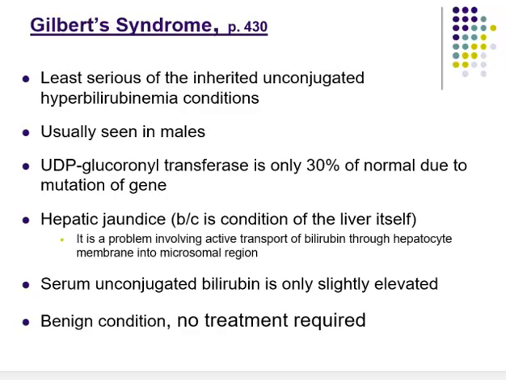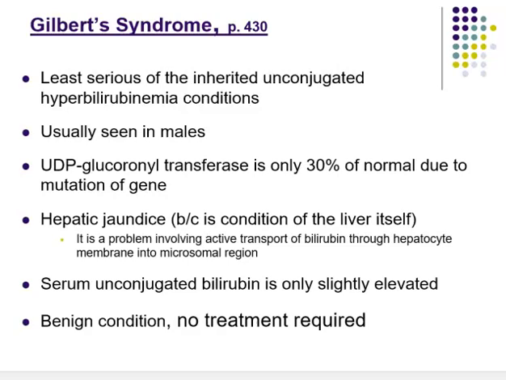This is the least serious of the inherited unconjugated hyperbilirubinemia conditions. It is usually seen in males. The UDP glucuronyl transferase is only about 30% of the normal amount due to a mutation of the gene.